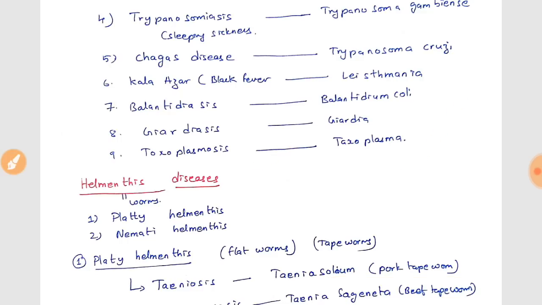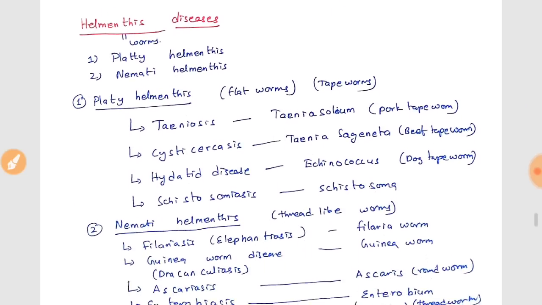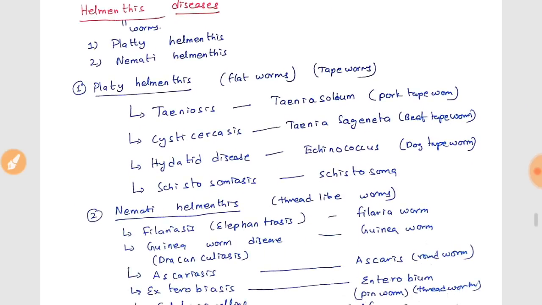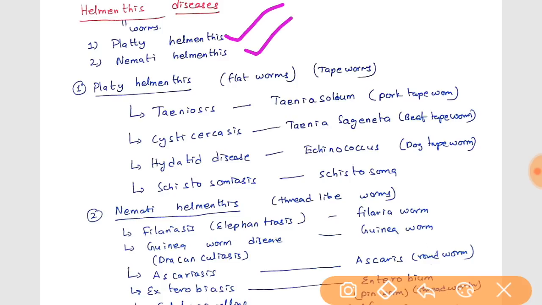Helminthic disease. What is helminthic? Helminthic is worms. Worms causing diseases, friends. There are two types of worms: flatworms and roundworms. That is, we will call platyhelminthic and nematohelminthic. Platyhelminthic, in the name itself you can see it's flatworms or tapeworms. Taeniasis or Taenia solium is also called pork tapeworm, friends.